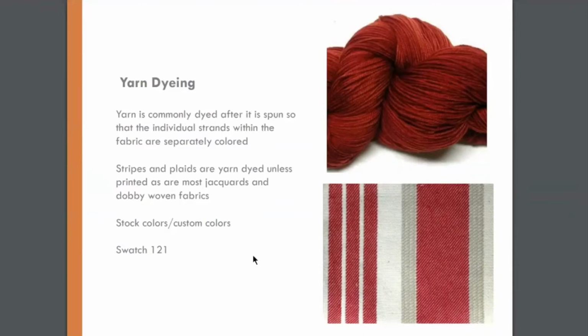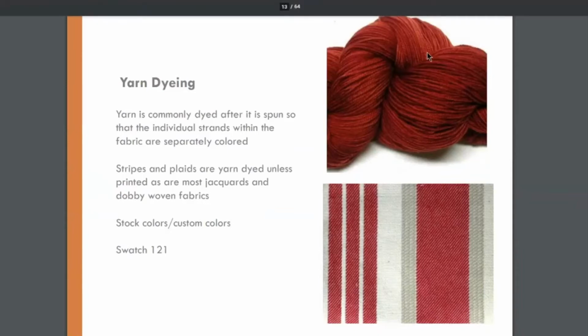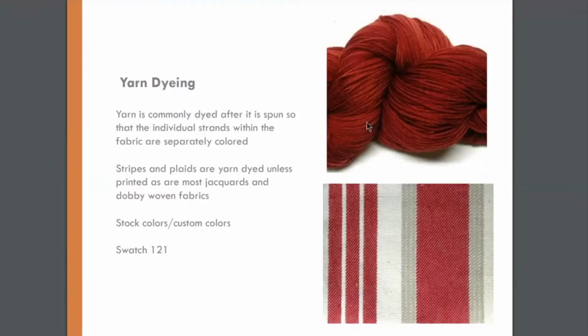In the example that I'm showing here, the yarns, if they're wool or cotton, started out a natural color, and then the entire yarn was dipped into a dye. And sometimes if you pull away some of those yarns, you can see that they weren't dyed very well. Sometimes you can see the natural color towards the center of that yarn.